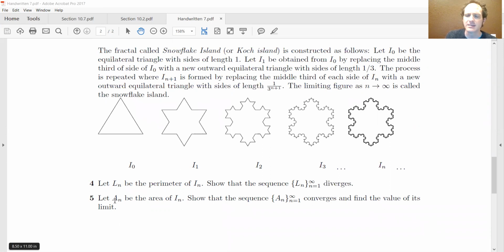It's kind of weird, but what it's saying is the area inside of these islands is staying finite, going to some finite number. But the perimeter, how much fence I need to go around one of these things, is going to infinity. So the amount of fence I have to use to enclose a finite area is going to infinity. It's kind of a weird little thing.